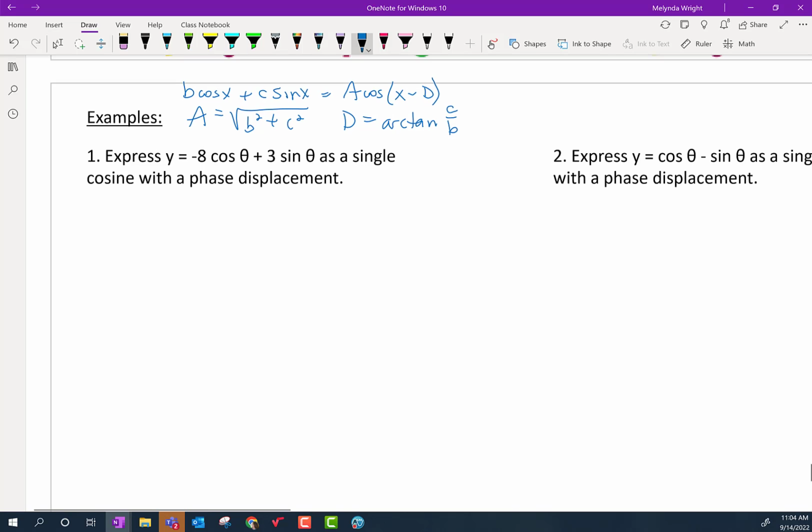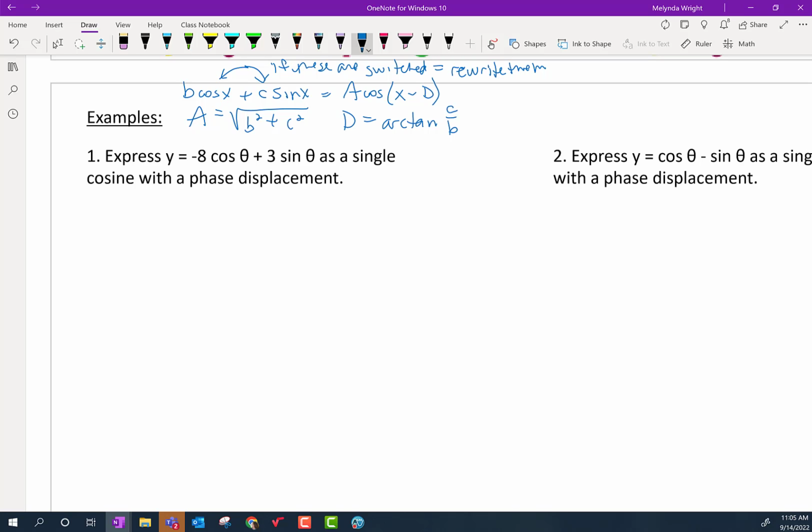So make yourself a note: if these are switched, rewrite them. Do not try to work it with them switched. Rewrite them. You need the cosine coming first and the sine coming second.